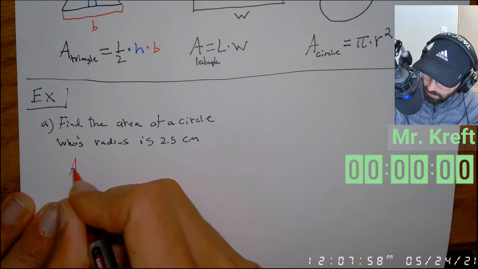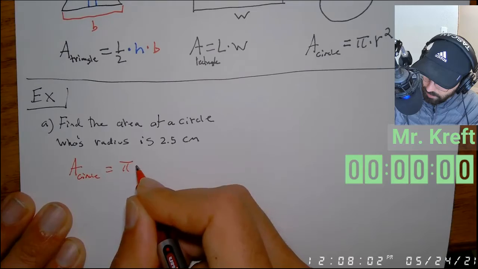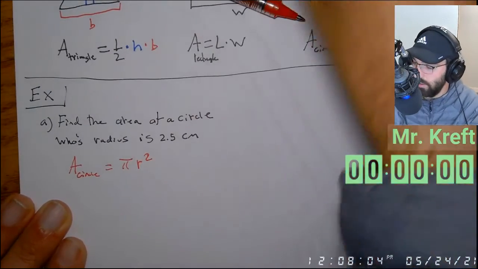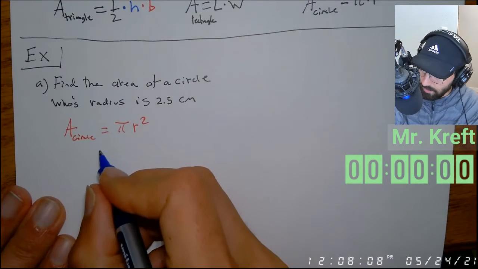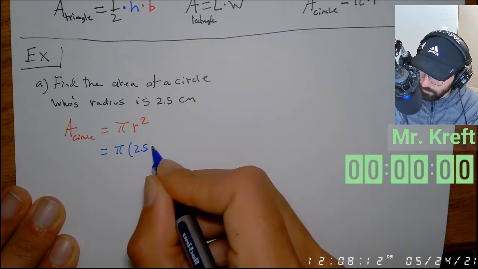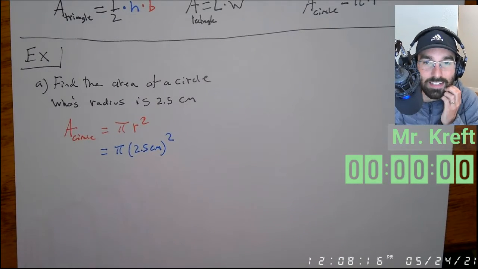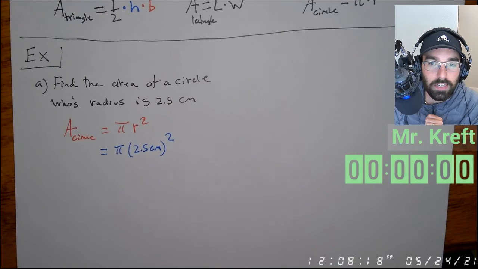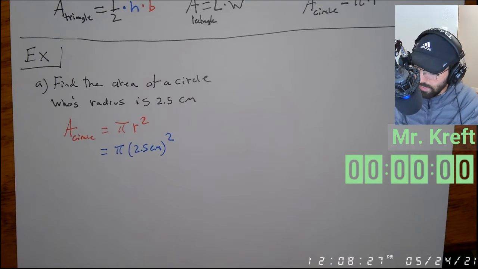This is going to be the area of a circle equals pi times radius squared. When I write this in, this is where units really matter. This is going to be pi times 2.5 centimeters squared. Notice how the centimeters get squared as well. This is so important, guys, when we get to area and volume, and that's what we're going to be doing for these last bit of lessons, depending if you're a senior or not.